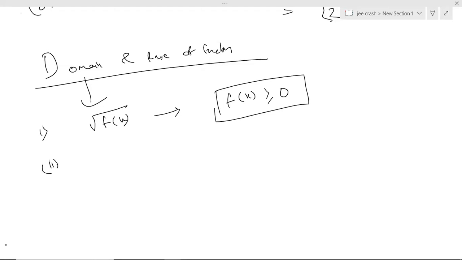Second one, if it is 1 upon under root f of x, तो हम 0 भी नहीं ले सकते, तो f of x will be strictly positive.